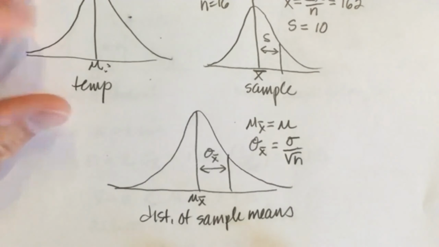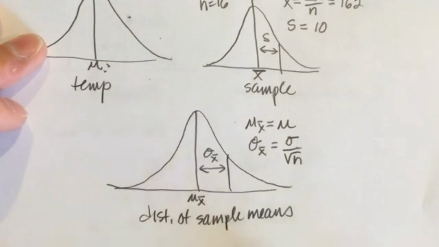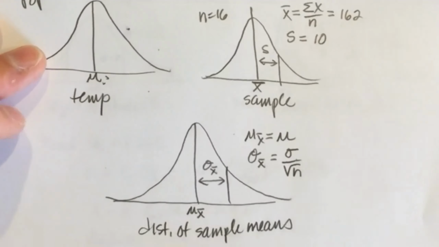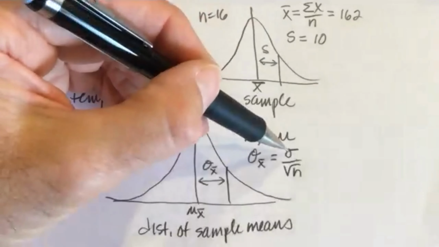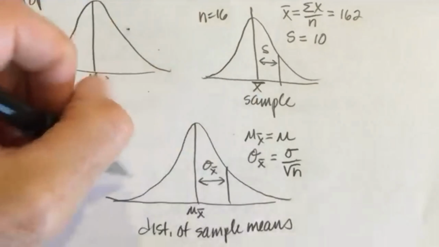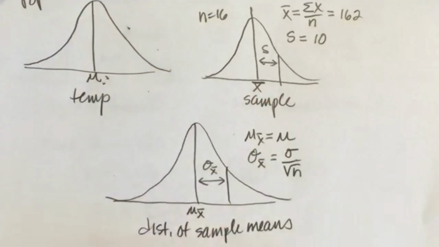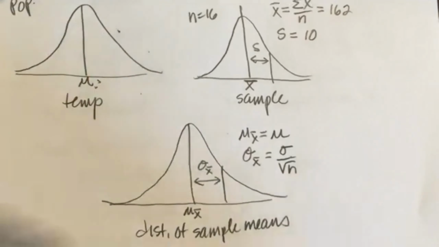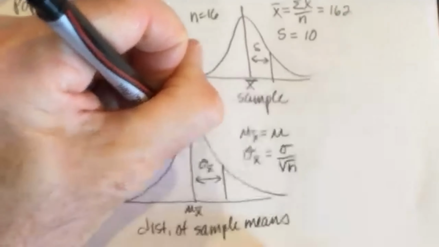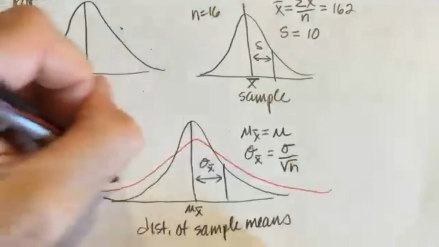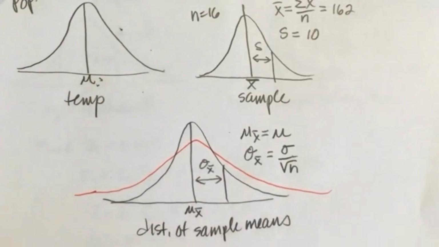The problem is that we don't know sigma. So instead of using sigma, we're going to use the standard deviation of our sample, S, to approximate this. And when we do, we're not going to get the standard normal curve. We're going to get a curve that looks a little bit more like this, a student t distribution.